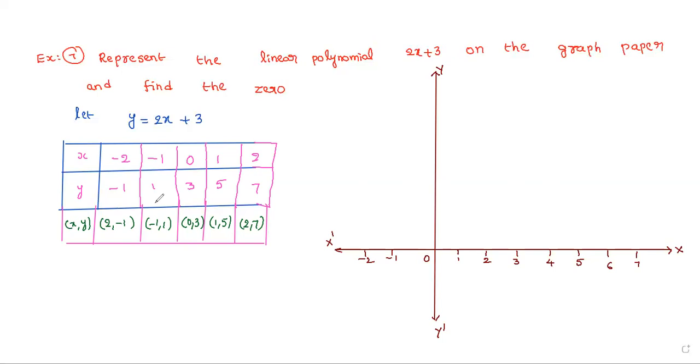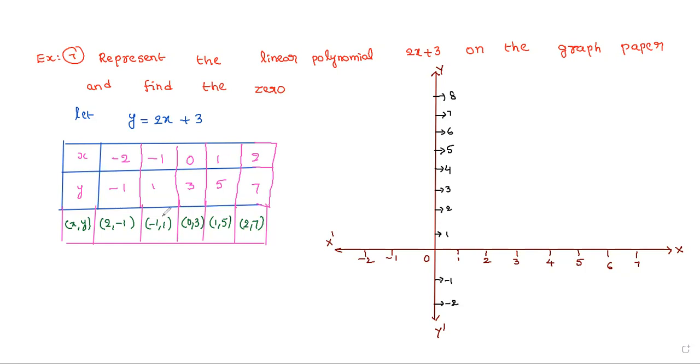On the y-axis the values are positive 1, 2, 3, 4, 5, 6, 7, 8 and negatives minus 1, minus 2.